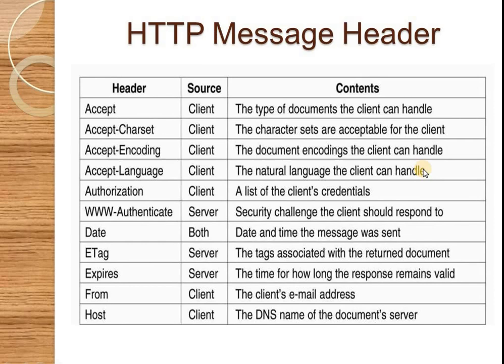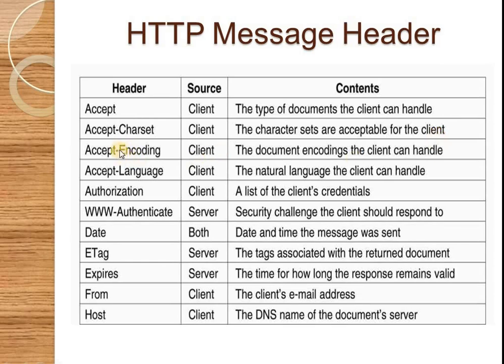HTTP message header. The table shows the number of valid message headers that can be sent along with a request or response. First, accept. The source is client and it explains the type of document the client can handle. The next, accept charset, where it explains the character sets acceptable for the client.